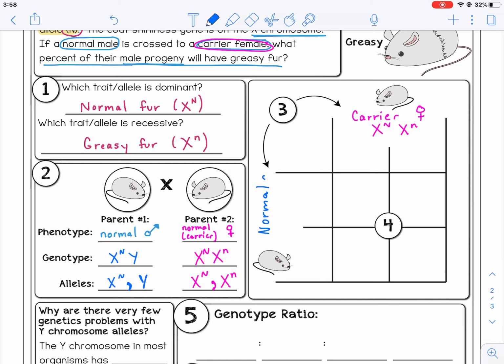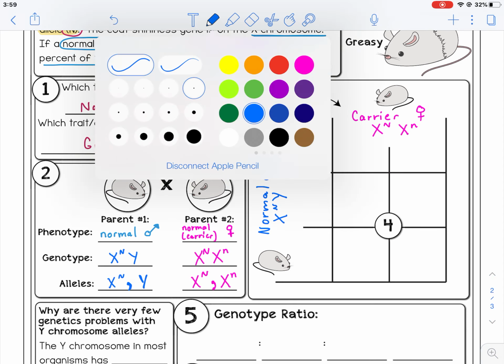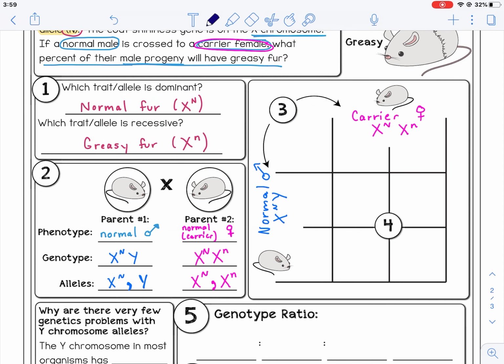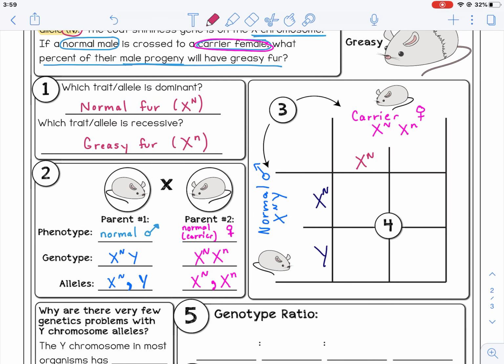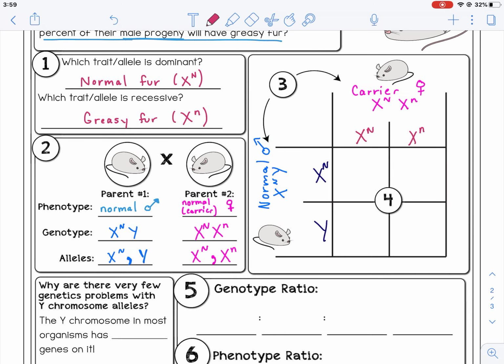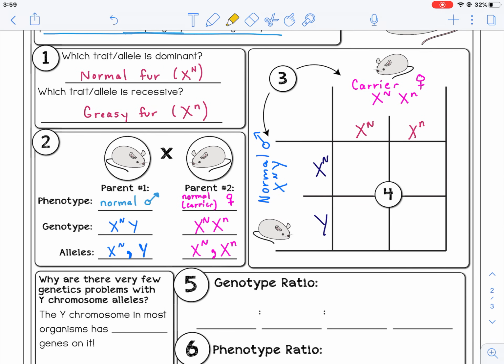We have our normal haired father, which means he is big N, Y. Okay, so now fill these out.